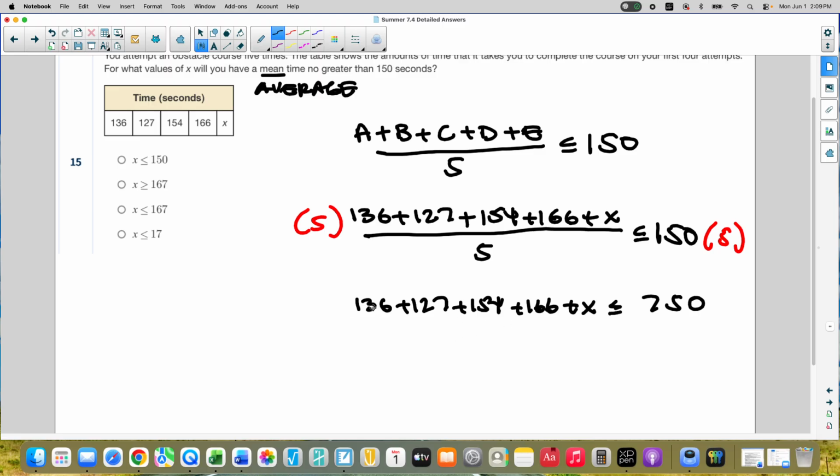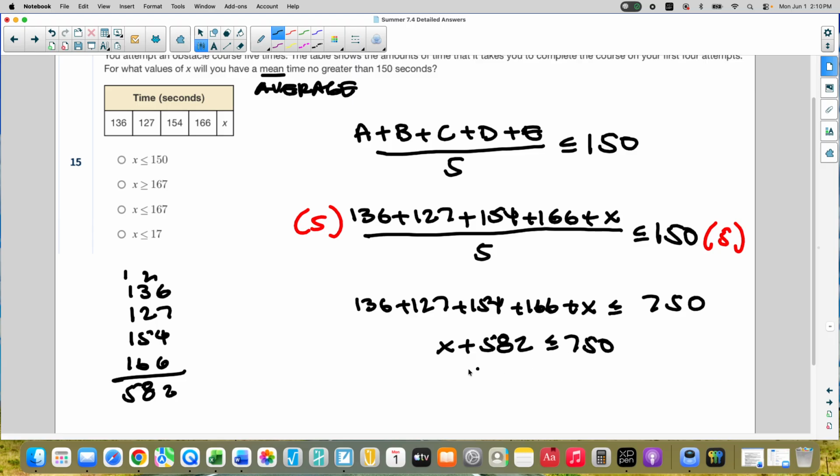So if we add those 4 values up, we got 136, 127, 154, 166, that's 10, that's 12, so that's 22, that's 5, that's 10, that's 18, that's 1, 2, 3, 4, 5, 582. So X plus 582 must be less than or equal to 750.